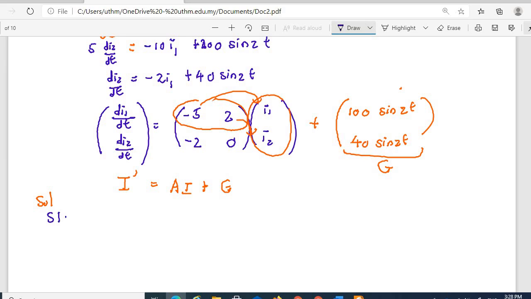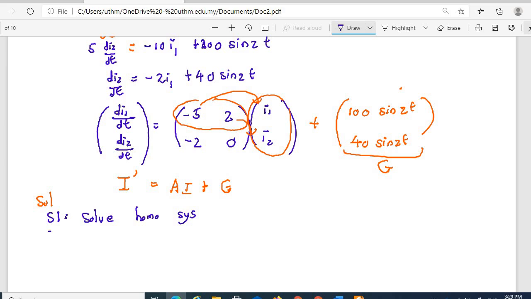Step 1 is actually solve homogeneous system. To solve homogeneous system, you have 3 steps. Step 1A is find the eigenvalue. Later on, find the eigenvector V1. Third step, find the eigenvector V2.